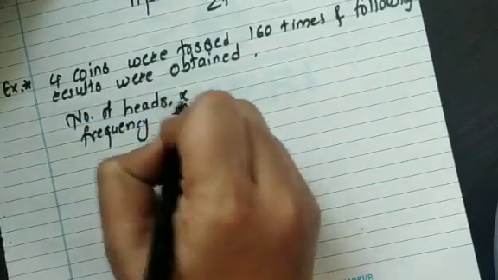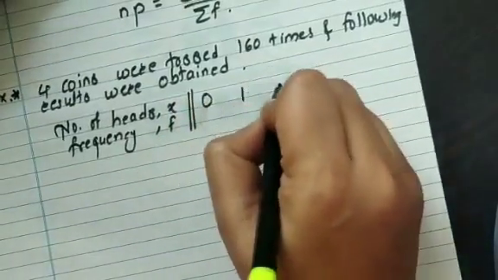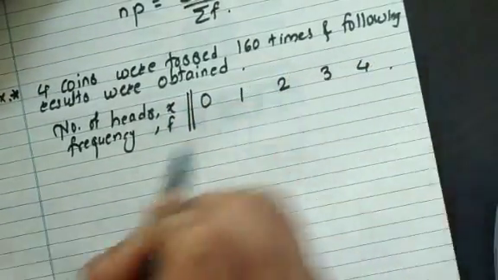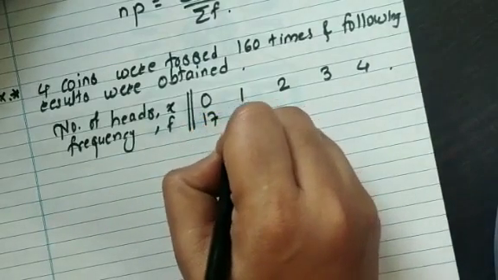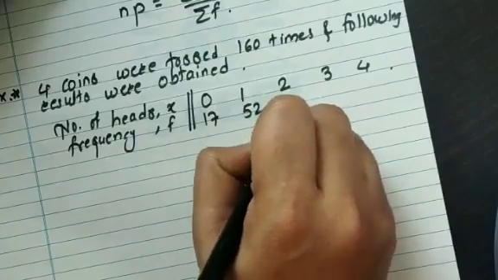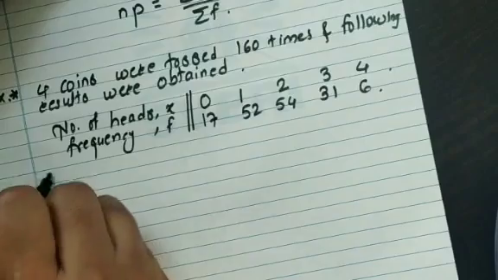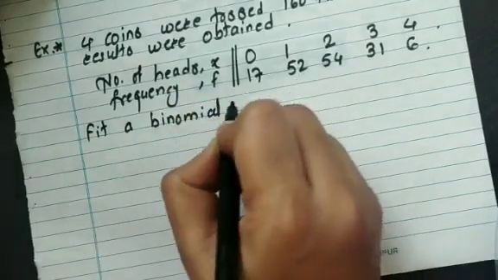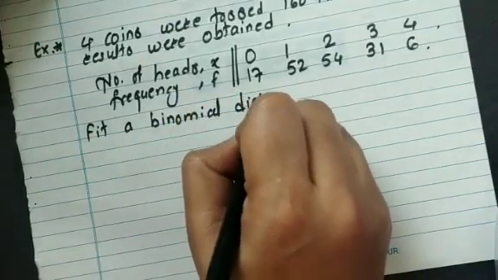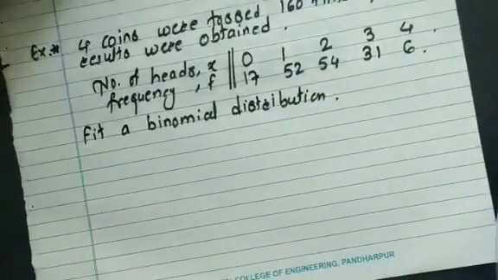This is x, this is f. The values are 0, 1, 2, 3 and 4, and the frequencies are 17, 52, 54, 31 and 6. The question is: fit a binomial distribution.